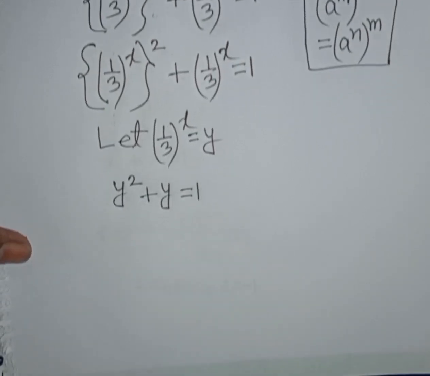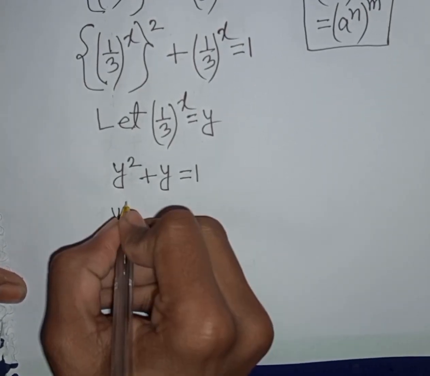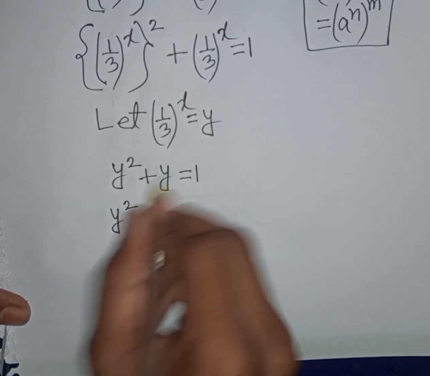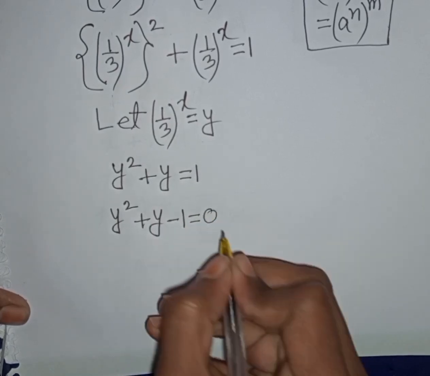Now we can write y^2 + y, then this plus 1 taken to the left side will be minus 1, equal to 0.